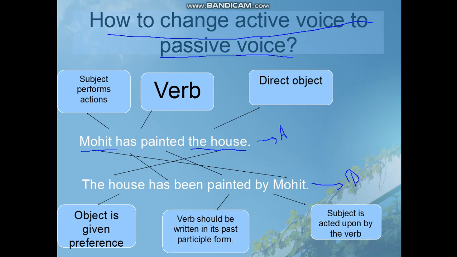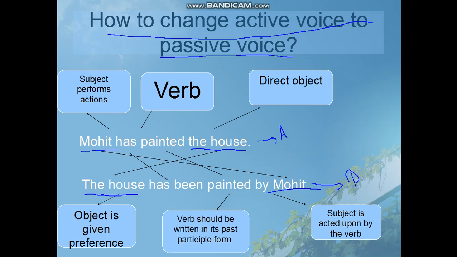But in the passive voice, the house has been painted by Mohit. Here we are giving preference to the object, which is the house. By whom it is painted, we have just given it, but the main thing is this house has been painted by Mohit.